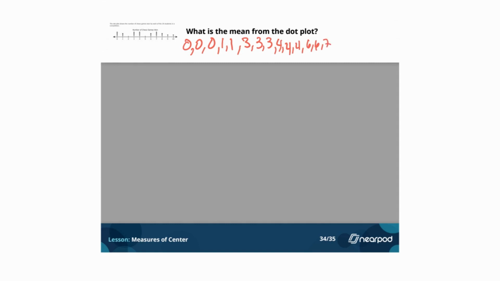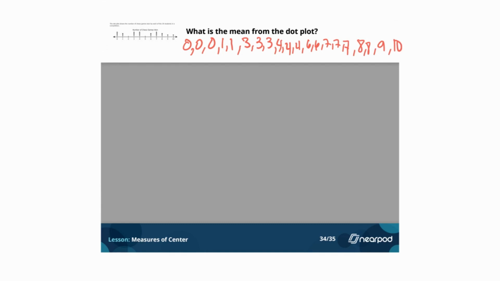We write 3. How many dots on 8? 2. How many dots on 9? 1. How many dots on 10? 1.